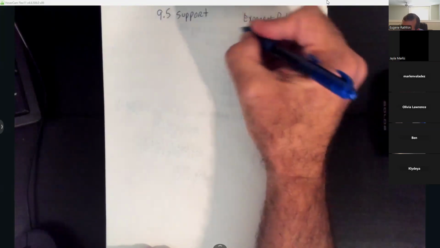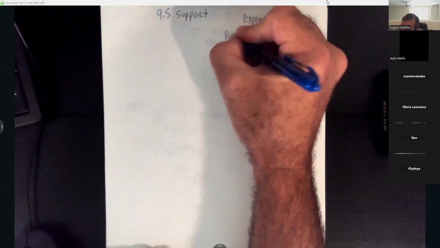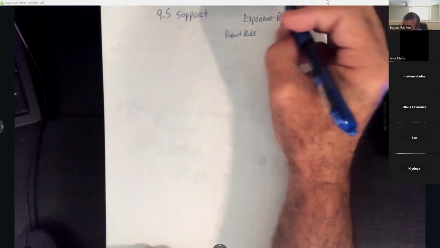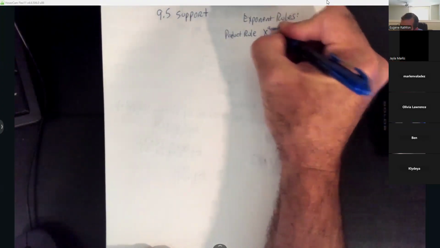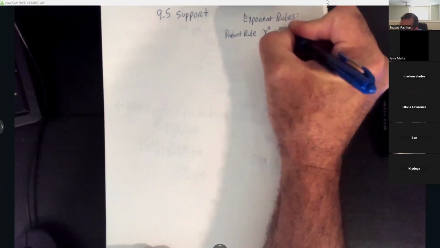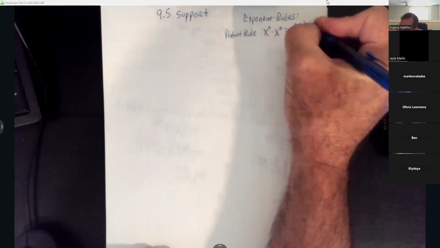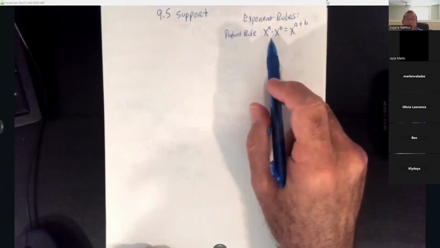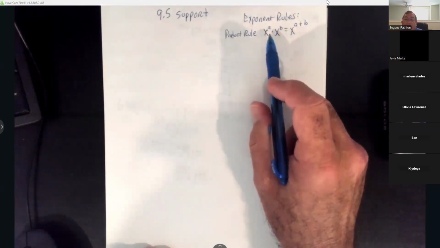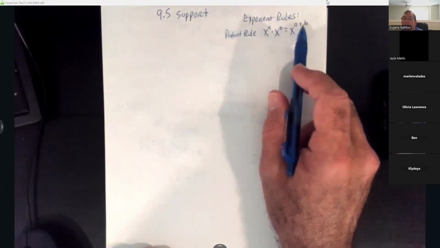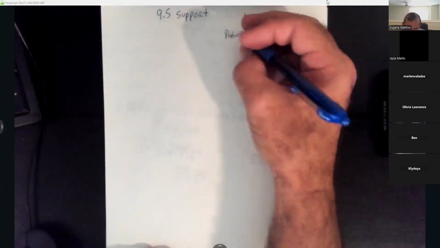So we got a product rule. Product rule says x to the a times x to the b equals x to the a plus b. Similar to the product rule of logarithms. When you got a product, we added the exponents, okay?